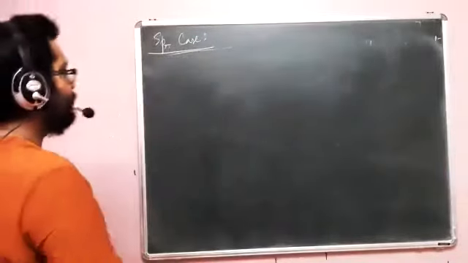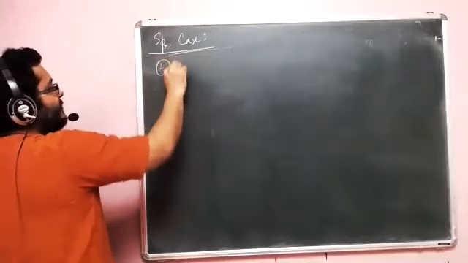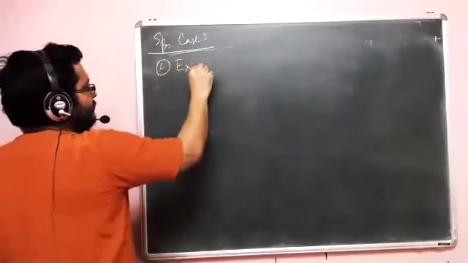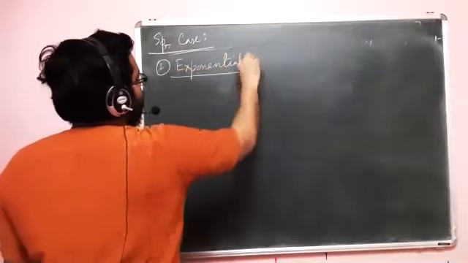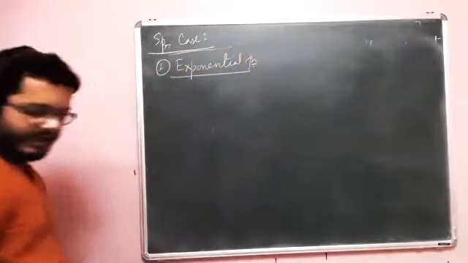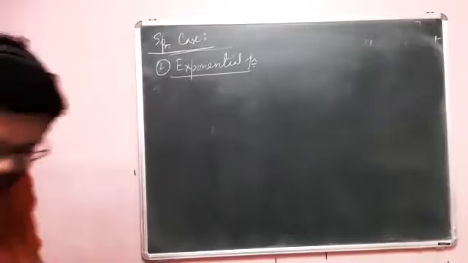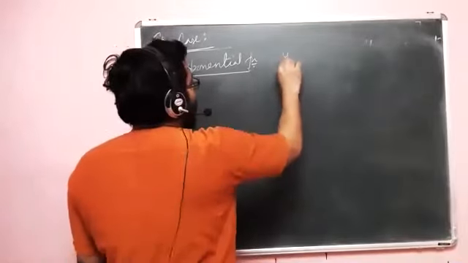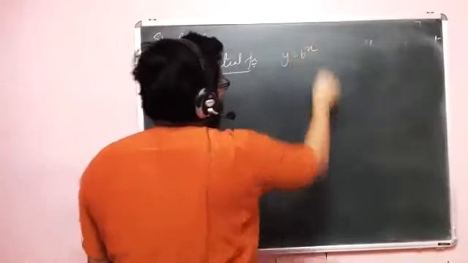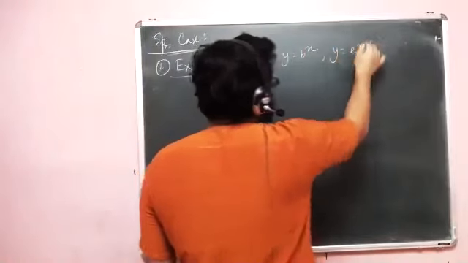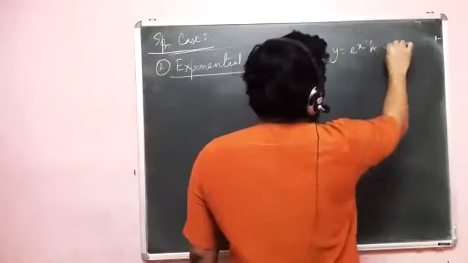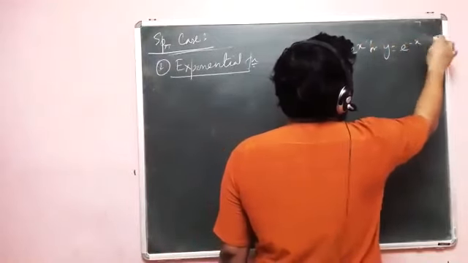So in 2, we have the exponential function. And we have two variants of that. We can have y equal to b to the power x, or the famous ones, that is, y equal to e to the power x, or y equal to e to the power minus x.